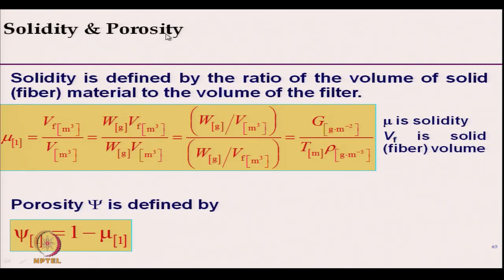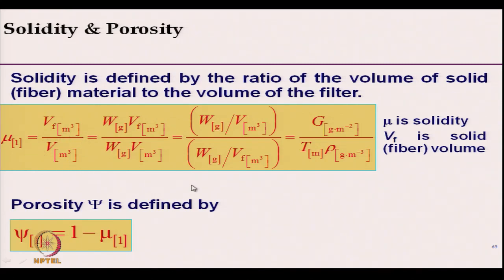Solidity and porosity. So, what is solidity? Solidity is defined by the ratio of the volume of solid, that is the fiber material, to the volume of filter, that is the total filter material. It is expressed in terms of mu, volume of fiber by volume of filter medium.